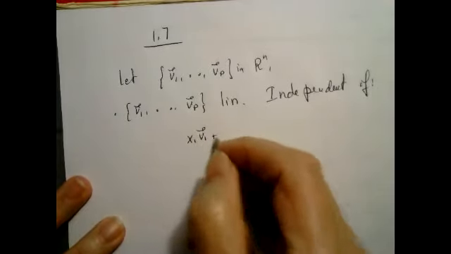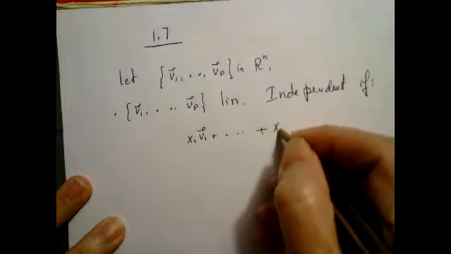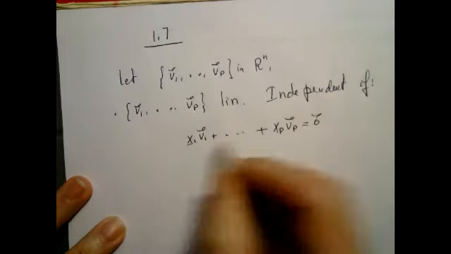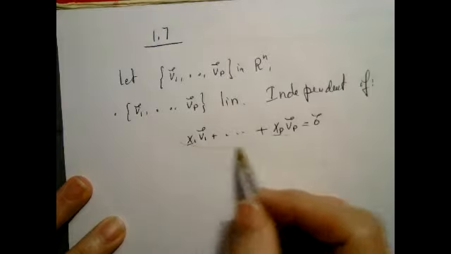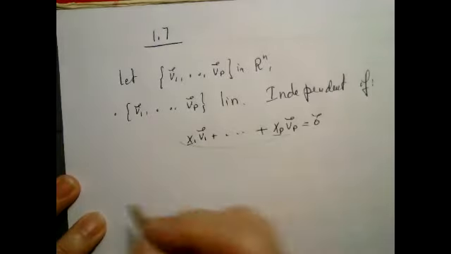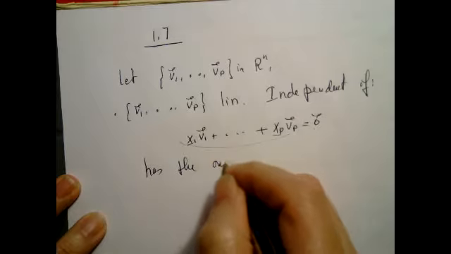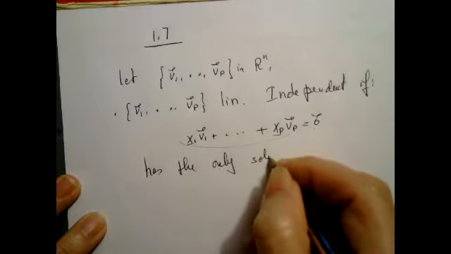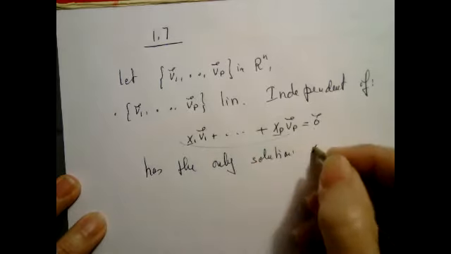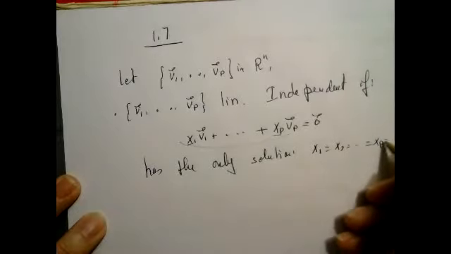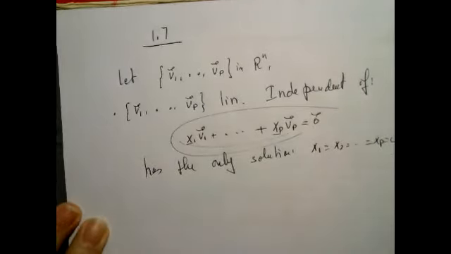If we try to solve the following equation, meaning if we try to find weights x1 through xp that make this combination the zero vector, and it has the unique solution, the only solution, which is the zero solution. Means we solve this, we get one.